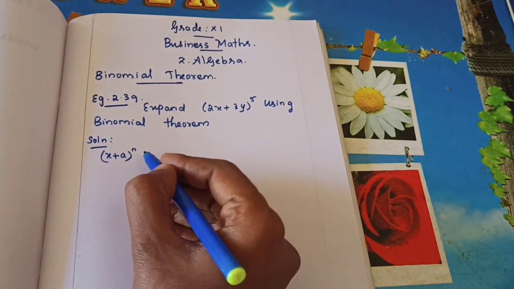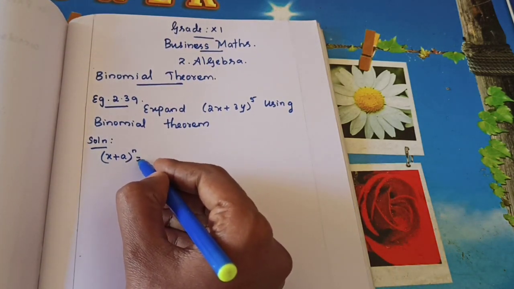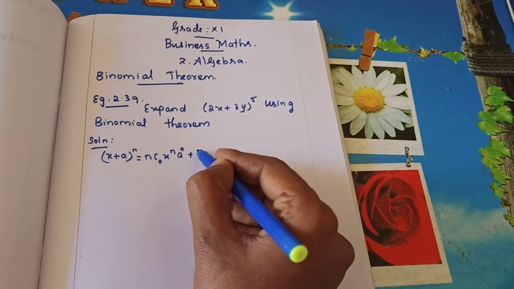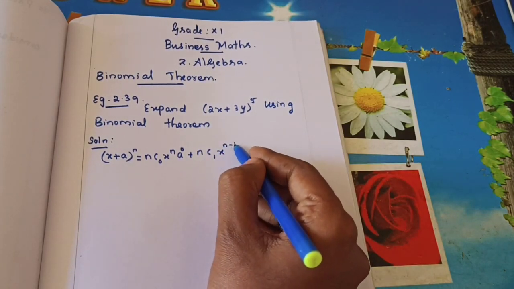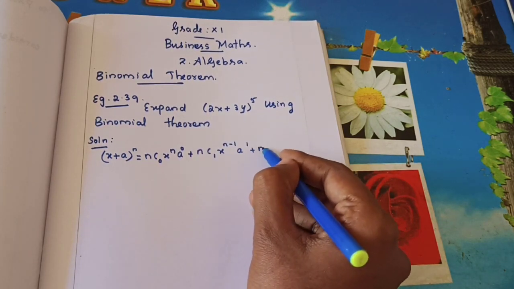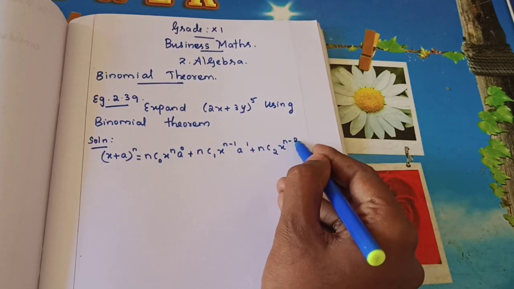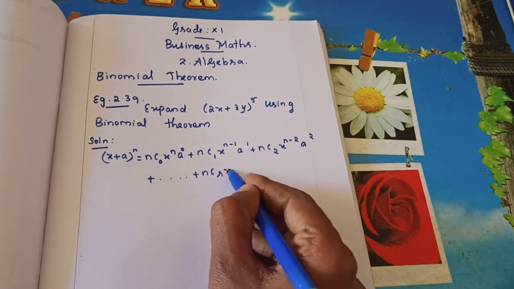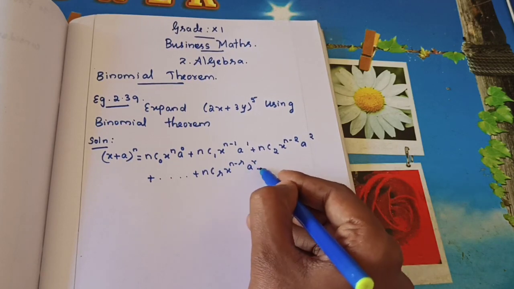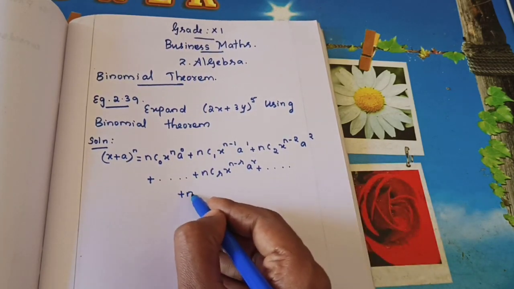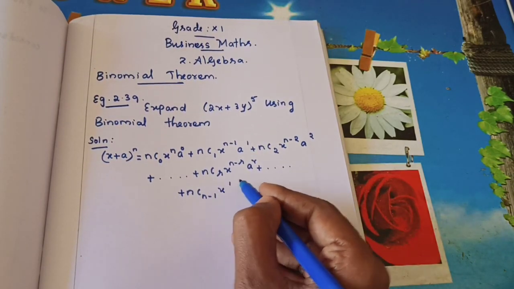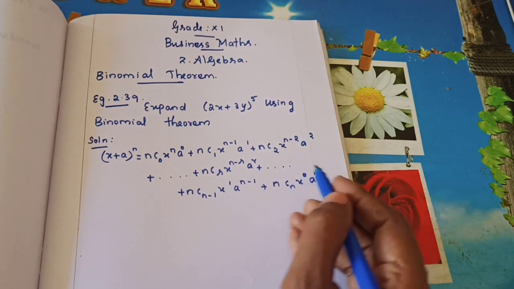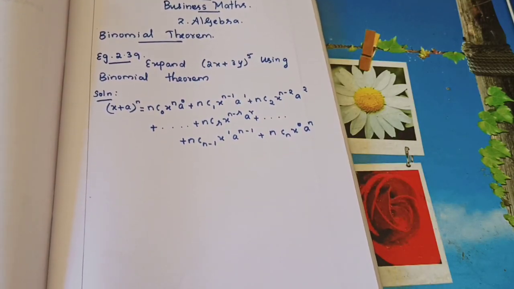First you write the expansion, that one you have learned in the last class. (x plus a) the whole power n means nC0 x power n a power 0, plus nC1 x power n minus 1 a power 1, next term nC2 x power n minus 2 a power 2, plus etc., then nCr x power n minus r a power r, plus etc., plus nC(n minus 1) x power 1 a power n minus 1, plus nCn x power 0 a power n. Listen here students, you need to learn this expansion, then only you can do the problems.